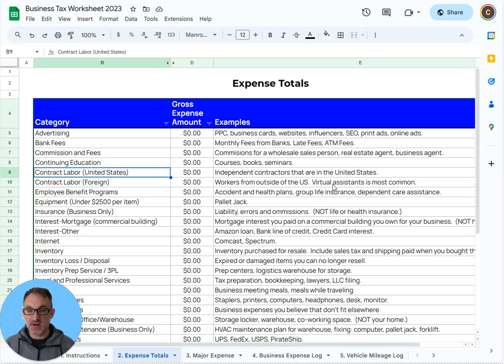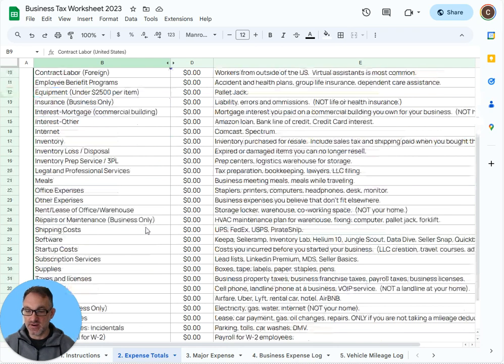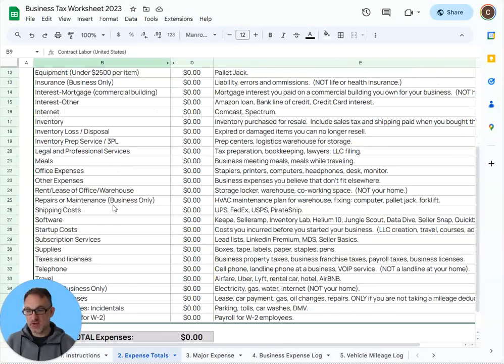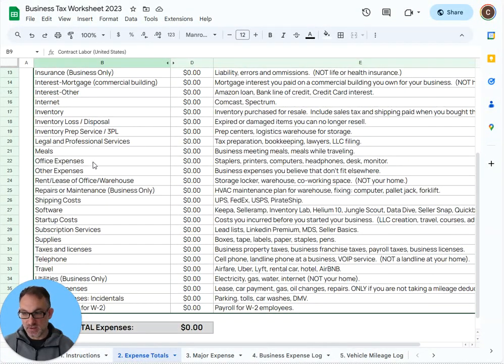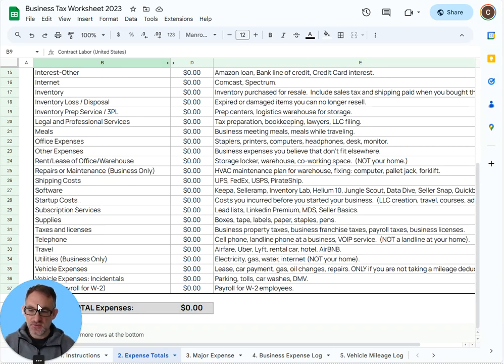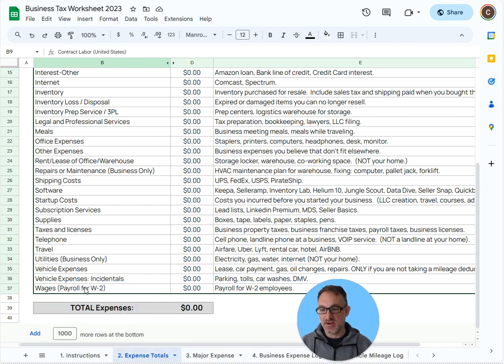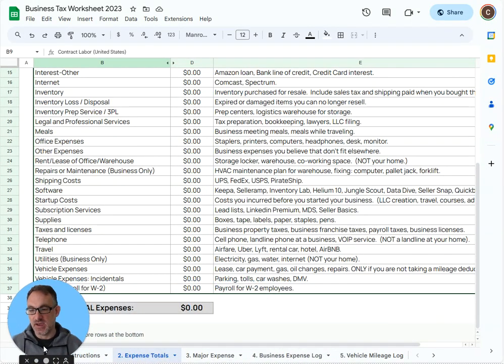If you hire independent contractors that are in the US, they generally will be underneath the contract labor area here. There's also another one for payroll labor, which will be, let me find it here. The reason I couldn't see it is because it's all the way down at the bottom underneath wages, which is right here. So that would be payroll for W-2 employees, right here at the bottom.